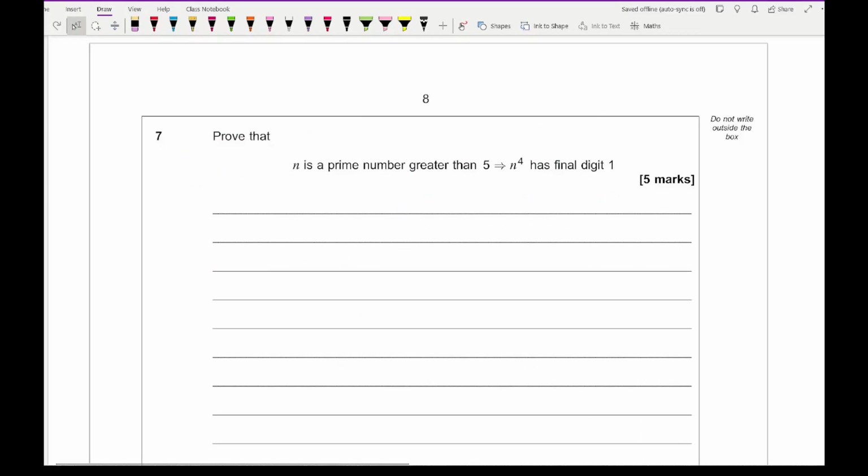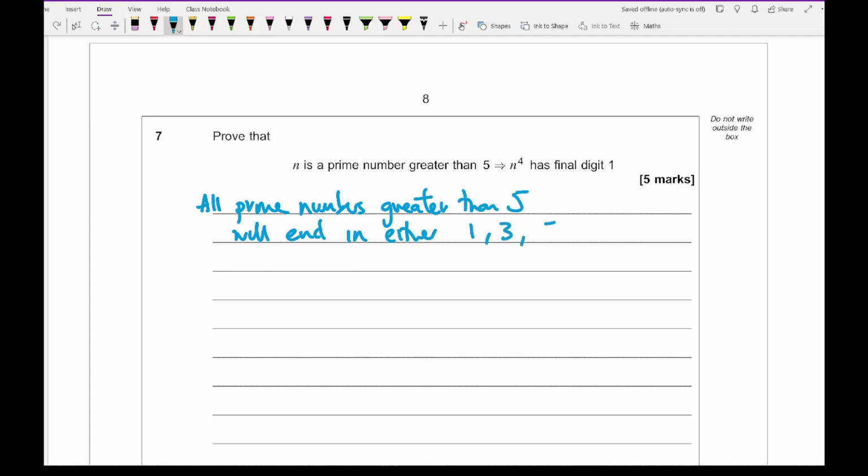And then looking at question 7, it says prove that when n is a prime number greater than 5, then n to the power of 4 will have a final digit of 1. Well, all prime numbers greater than 5 will end in either a 1, 3, 7 or 9.